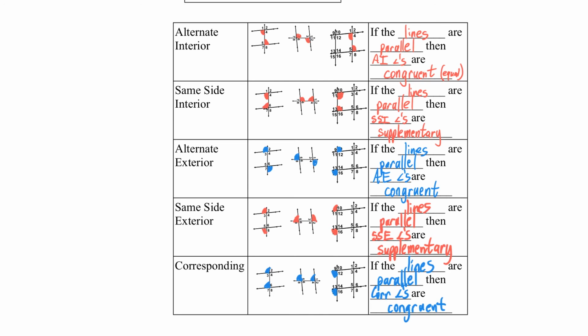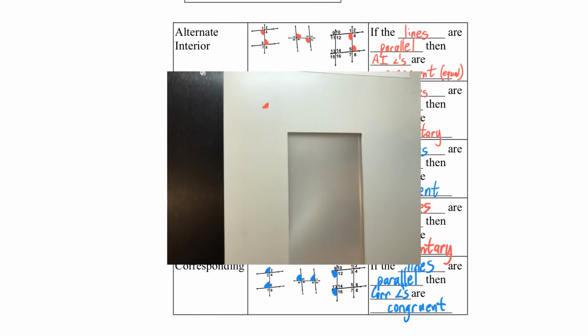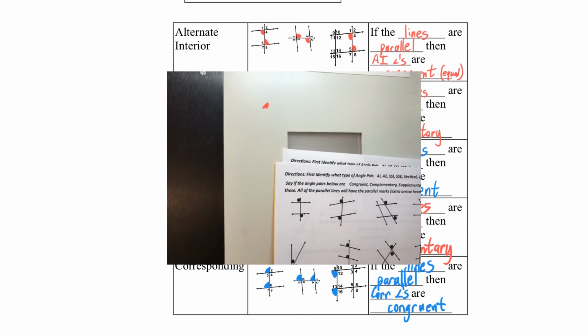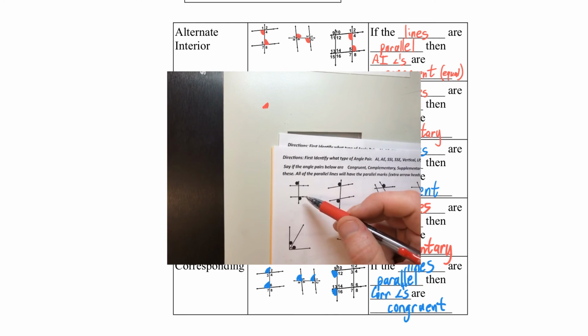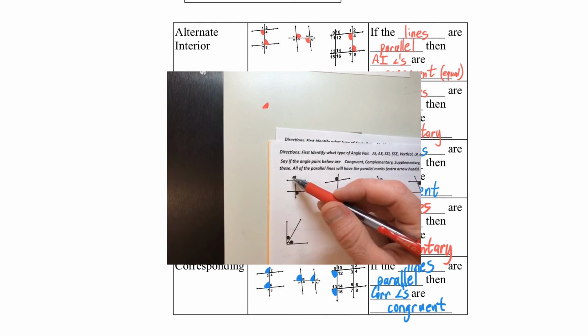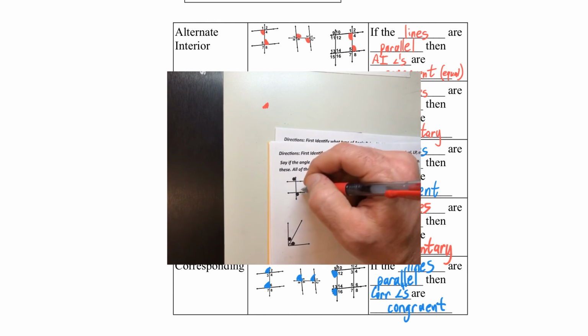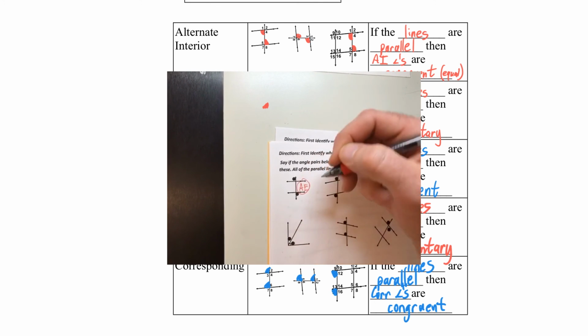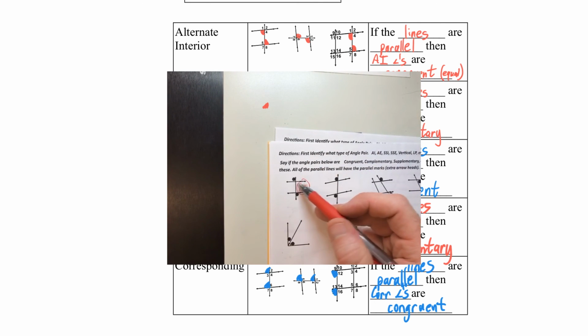Okay, so on your assignment here, let me get you started real quick. Okay. So on this first one, what type of angle pair are these two? Okay, alternate exterior, that's what I want there. And now if the lines are parallel, and they are, they've got an extra little set of arrowheads.